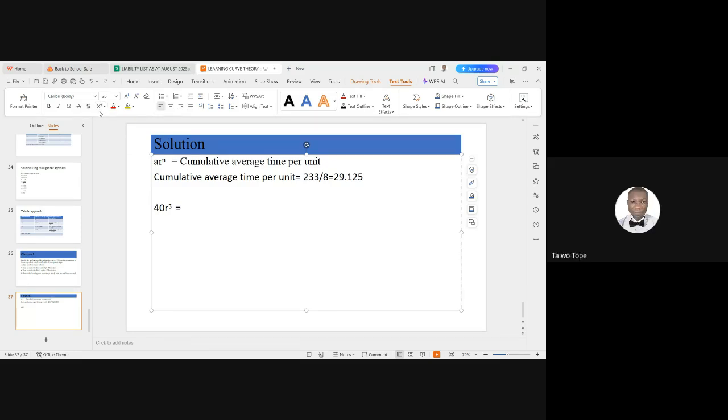So what else are we looking for? We have our 29.125. So when you solve now, what will you have? You divide both sides by 40, right? Yes, sir. You have r cube will be equal to 0.728, dividing by 40.